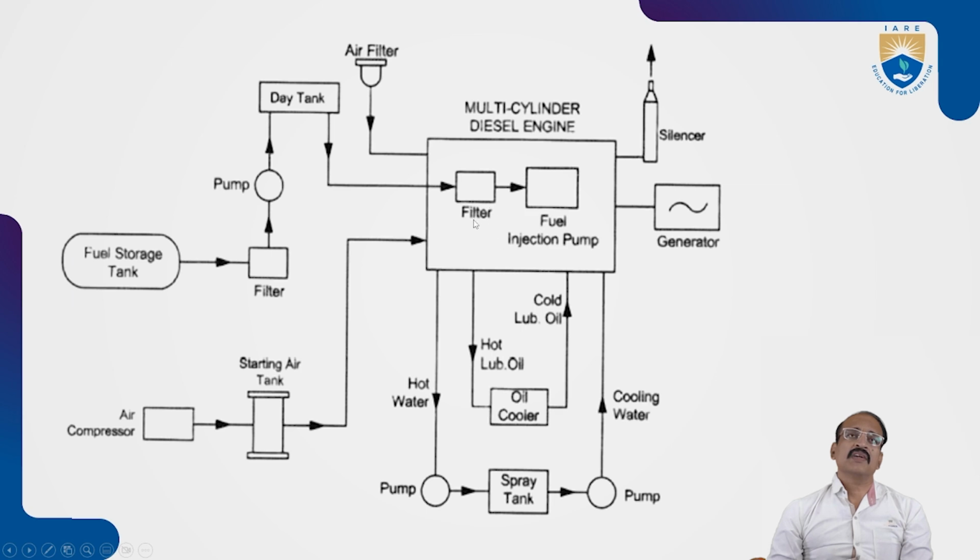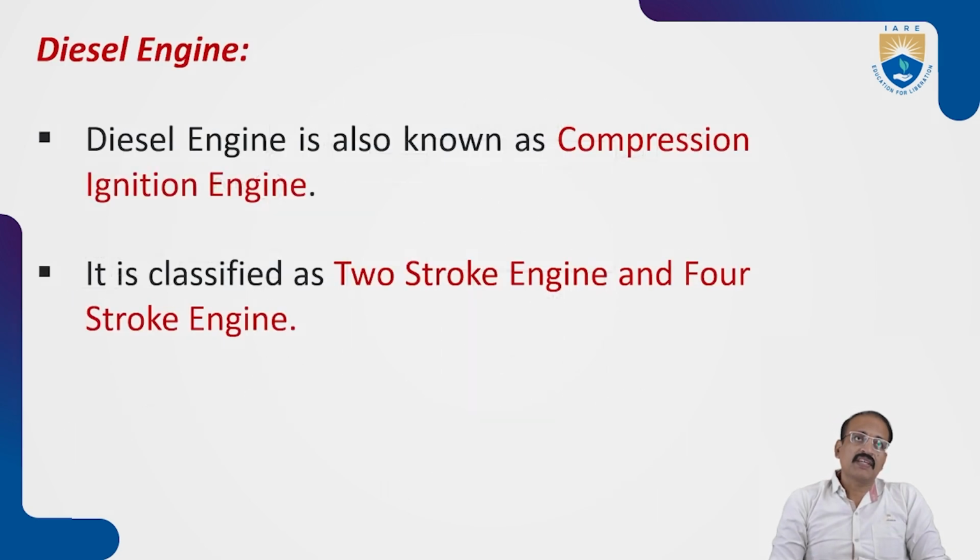To cool the engine, water is circulated, and the circulated water gets heated, and the hot water is pumped to the spray tank, and after cooling it is pumped back to the engine. So here also we are getting the AC power. This is the functioning of the diesel thermal power plant. The diesel engine is also known as a compression ignition engine.